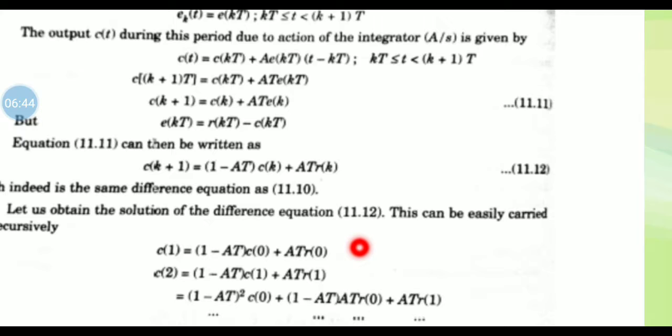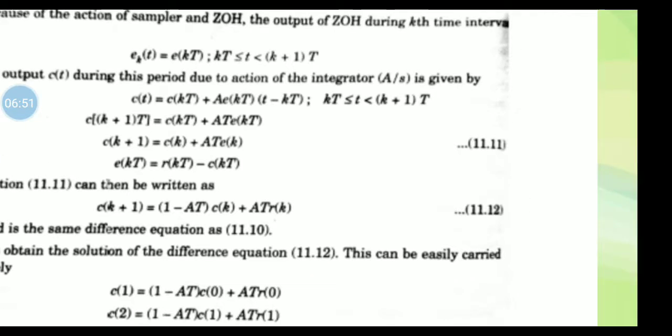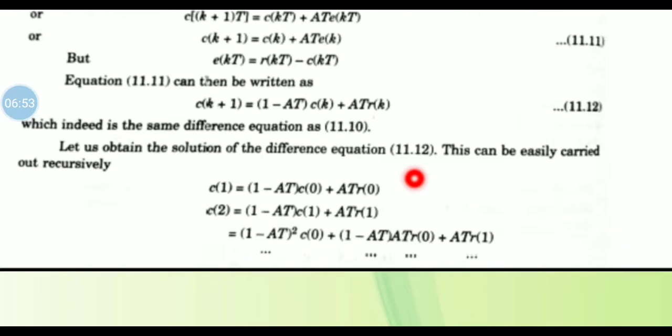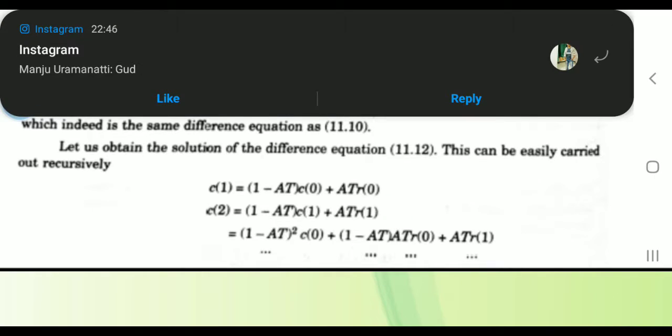So C of 1 will become equal to (1 minus AT) C of 0 plus AT R of 0. Then C of 2 will be equal to (1 minus AT) C of 1 plus AT R of 1, which is equal to (1 minus AT) whole square C of 0 plus (1 minus AT) into AT R of 0 plus AT R of 1. So on this will continue.